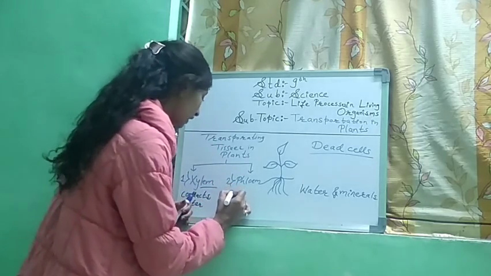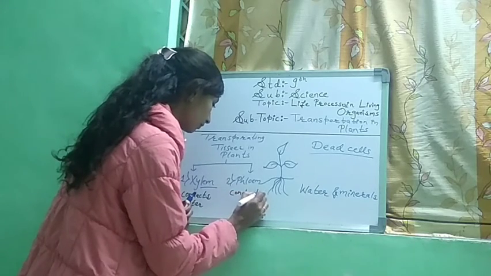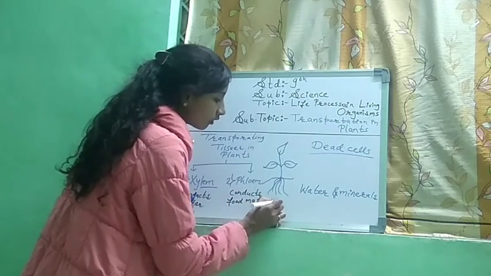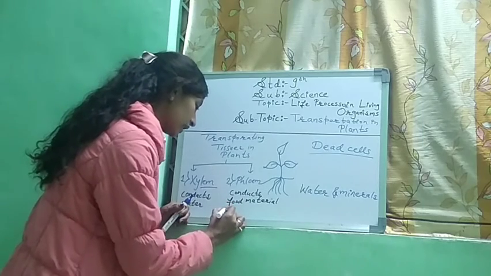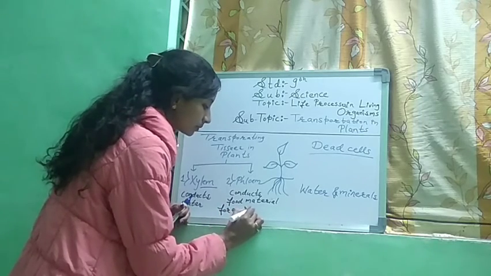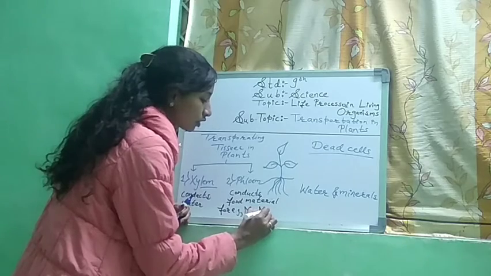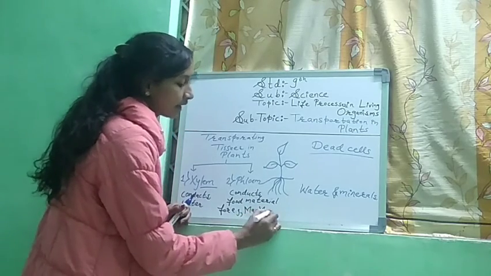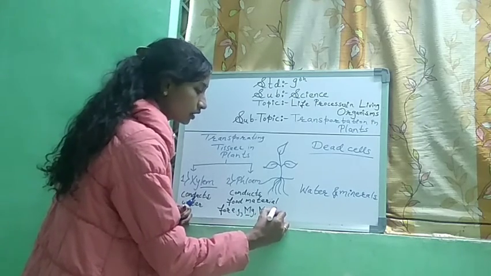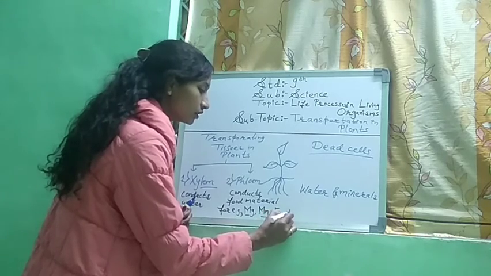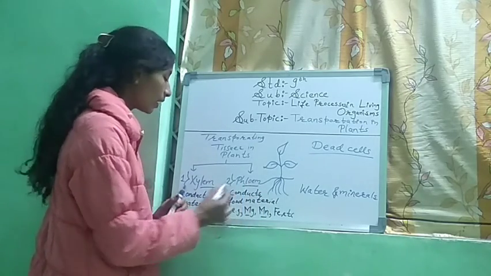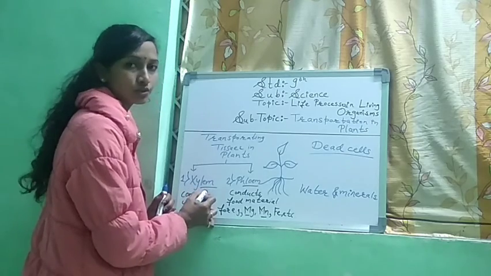Food material, for example, magnesium, manganese, Mn is the symbol of manganese, or iron, etc. These will be conducted with the help of the conducting tissue named phloem. And water will be conducted by which tissue? Xylem.